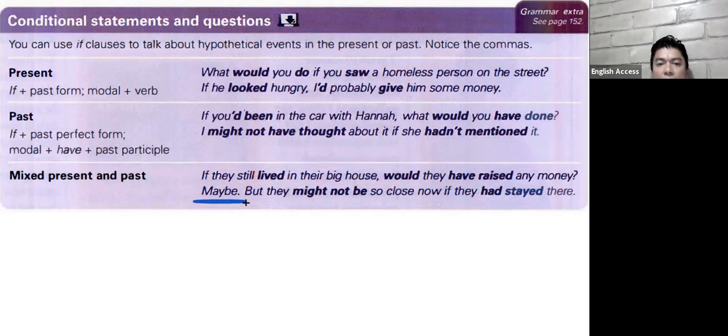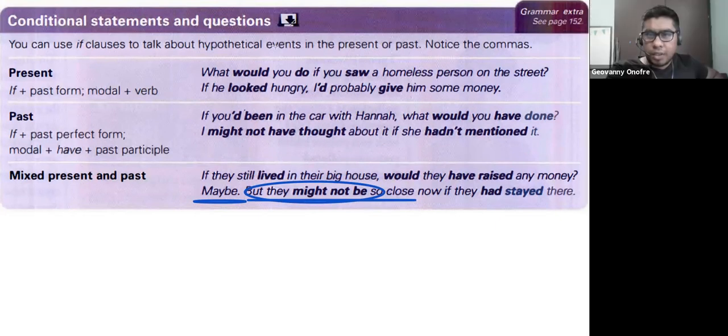And the next one, maybe, but they might not be so close. When, guys? Today or in the past? Today. Look, now.